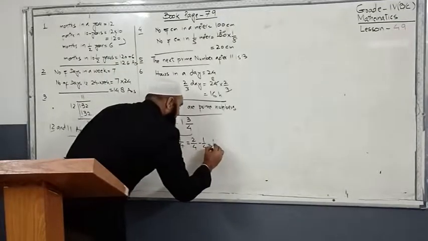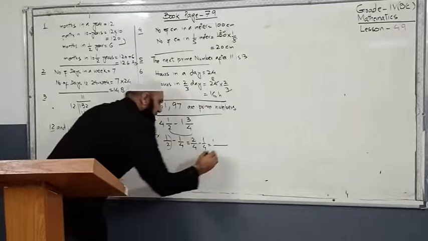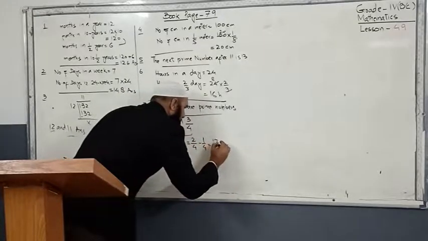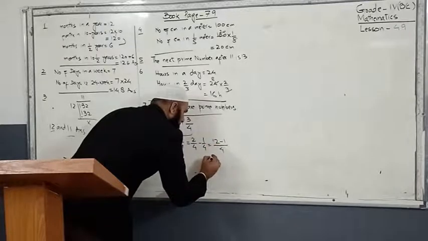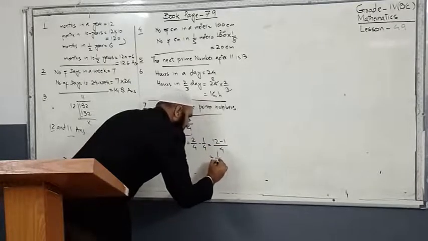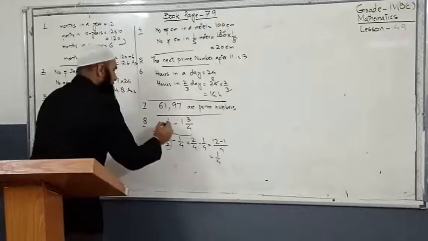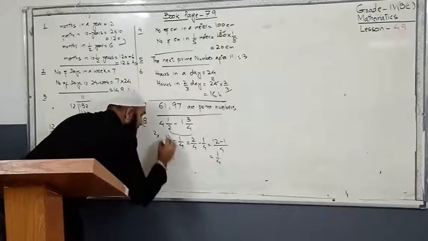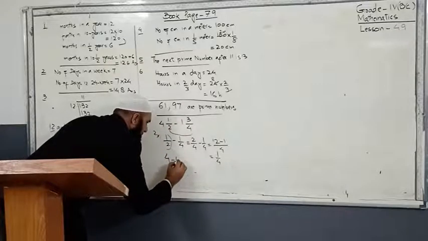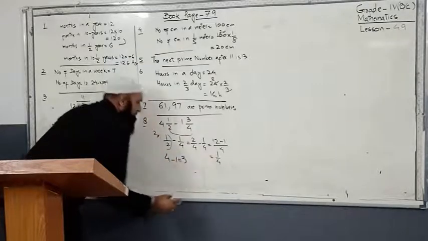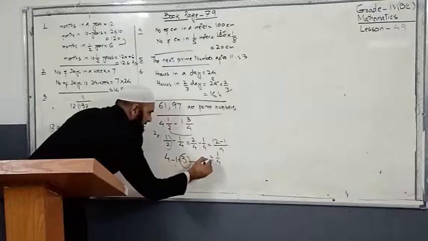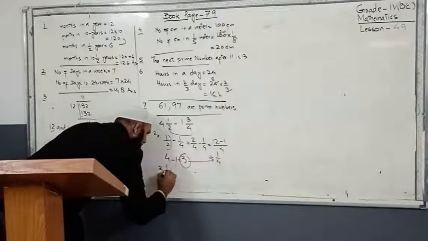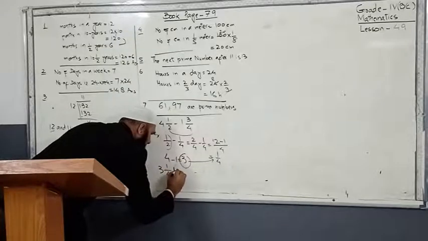This will become very easy to subtract. 4 as the denominator and 2 minus 1 will become 1/4. Now take the whole numbers. 4 minus 1 becomes 3. Now join this with this. This will become 3 whole 1 over 4, which is the answer.